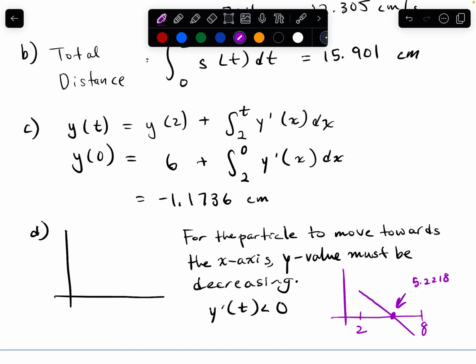So we can say that y prime of t is going to be less than 0 for all of our t values from 5.2218 up to 8. So the interval where y prime of t is less than 0 is 5.2218 to 8. We're not including 5.2218 because it's 0 at that value, up until 8, because that's what they're asking us about. That's what would have to happen for a particle to be moving down towards the x-axis: y prime of t would have to be negative.